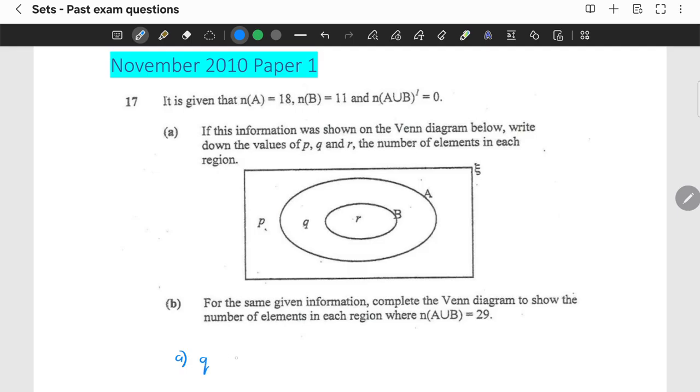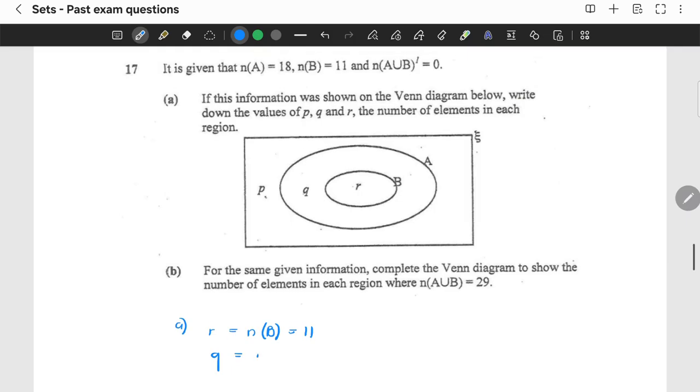Q would be, R, let's start with R, which is number of elements in B. So that would be 11. Such that Q would be number of elements in A minus R. So that's going to be 18 minus 11.